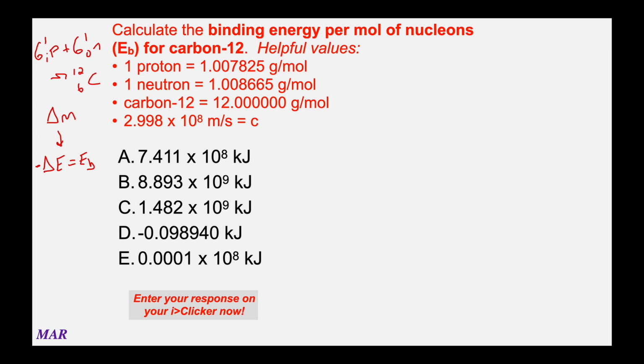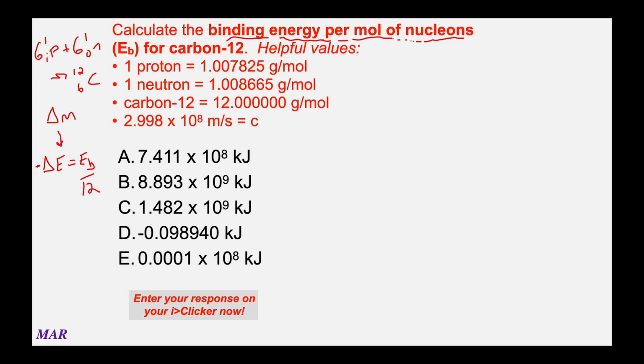And finally, you need to divide binding energy by 12, because here we want the binding energy per mole of nucleons. Carbon-12 has 12 nucleons. 6 protons plus 6 neutrons is 12. So all of these things, you will end up with a positive number. There will also be a joules to kilojoules conversion in there.